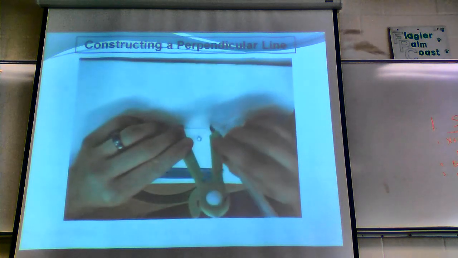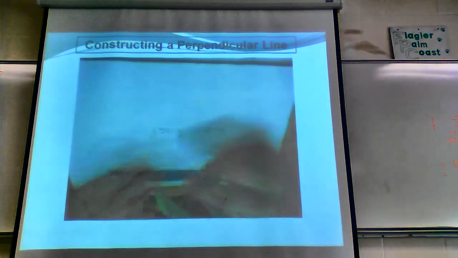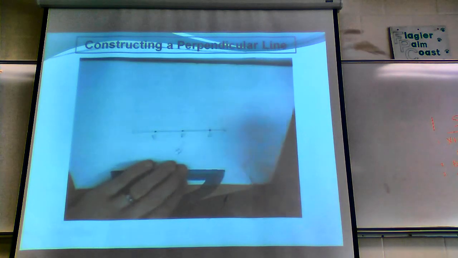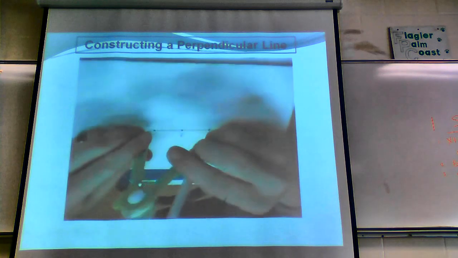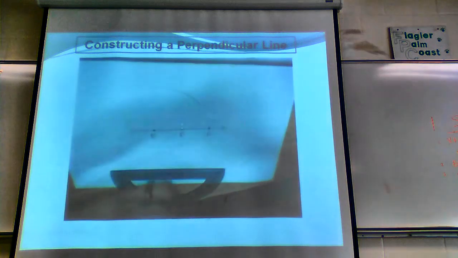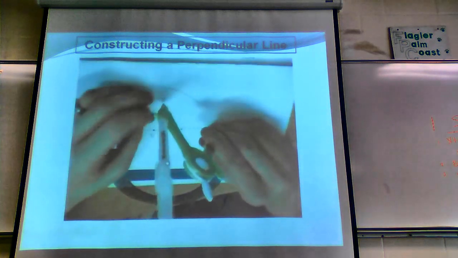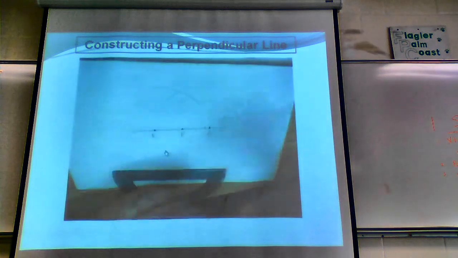The whole point of having the compass is so that these lines are the same. And then what you would do is you put a point the same distance from F that E is, so these two are congruent segments that you basically created. And then it's just an act of making two little arcs above this point, above that point. And where they cross is where you're going to draw a line through.